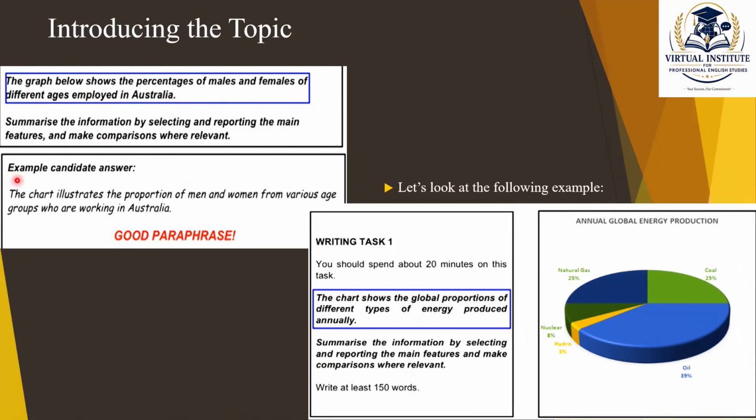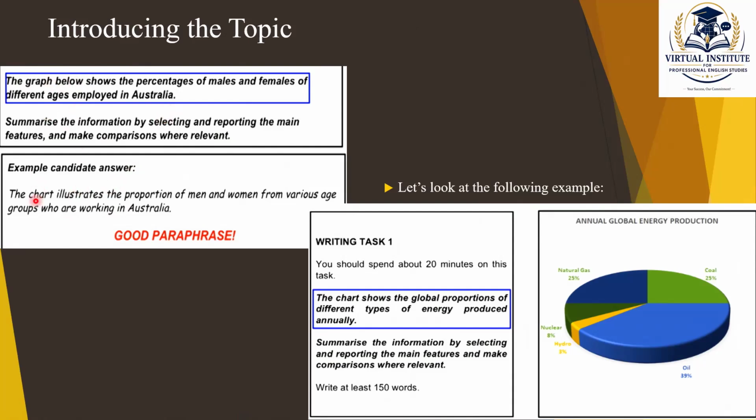And how can you do it? As you can see here. Can you read it aloud, Asya? The chart illustrates the proportion of men and women from various age groups who are working in Australia. Yes. You see, it's the same statement, but how many words are different?